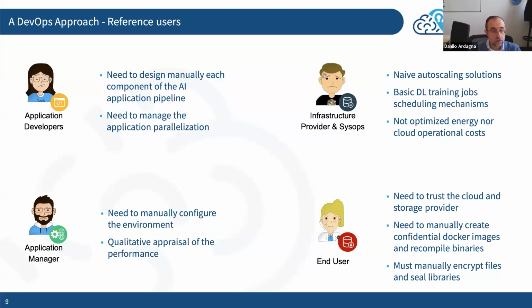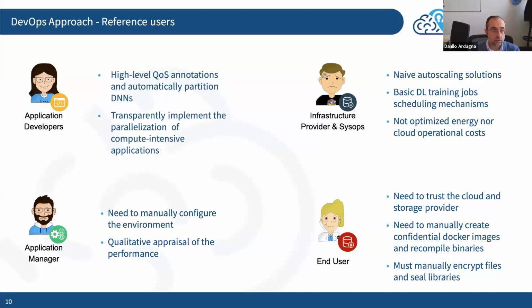for application developers, they usually need to design and develop ad hoc components of their application pipelines, and they usually need to manually manage the application parallelization if performance really matters in their scenario.